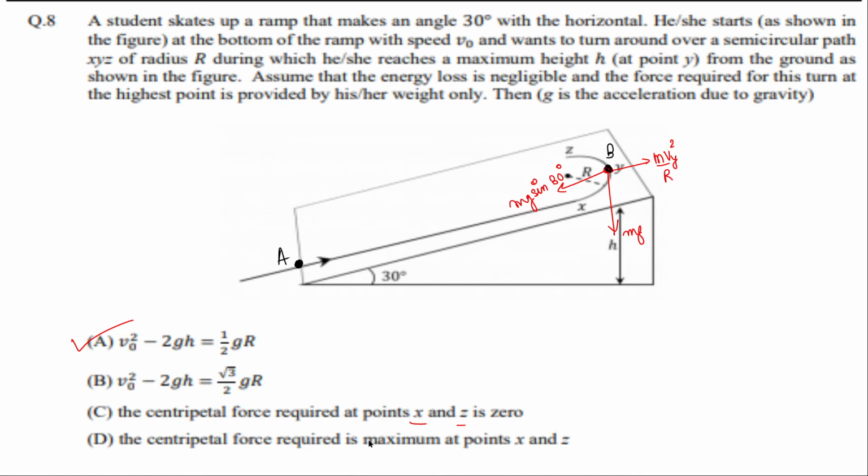So you see this is on this path xyz. On this path xyz, you see the speed is maximum at x and z, at this point and this point. Because at this point the Vy would be low, so that it completes this circular path. So the V at x is equal to V at z, and is maximum.